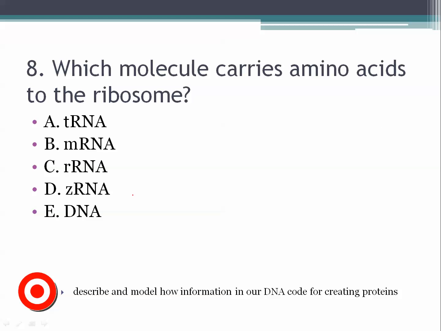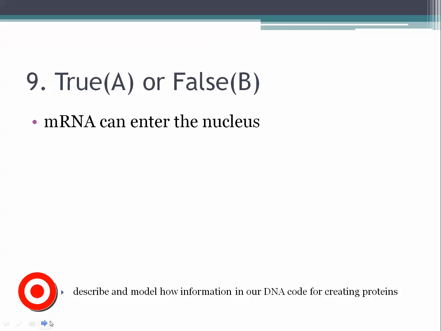Which molecule carries amino acids to the ribosome? tRNA, that's super important. mRNA can enter the nucleus? Absolutely. I guess more correct it would say it's leaving the nucleus, but you will find mRNA in the nucleus because that's where it's made during transcription.